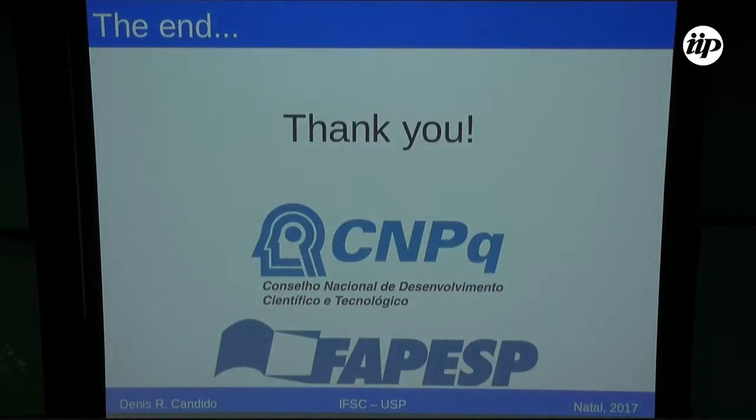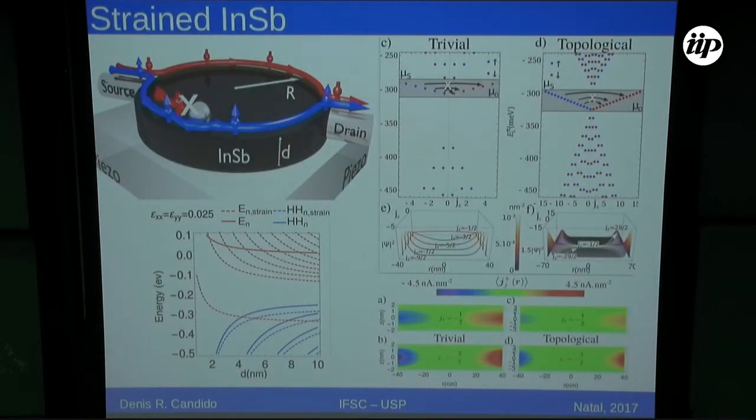So as I said, we have already shown that this filter also appears in an indium antimonide quantum dot with piezoelectric strain. Further, we will analyze the conductance using Green's function in linear response to see if the conduction will stay the same if you increase elastic scattering.